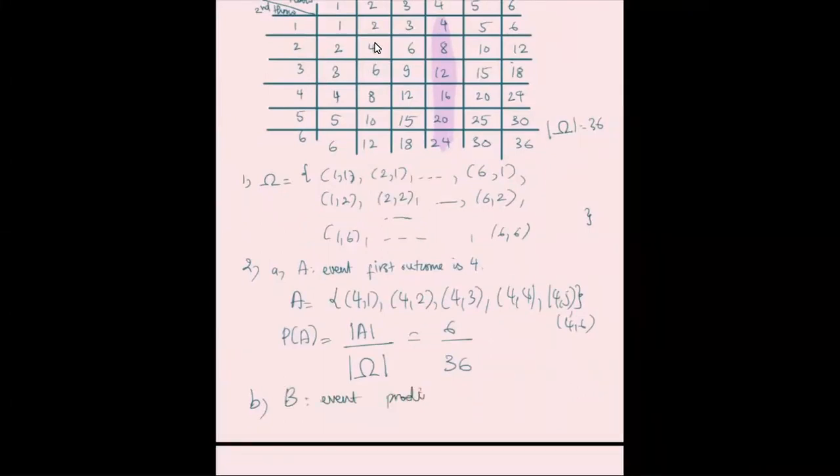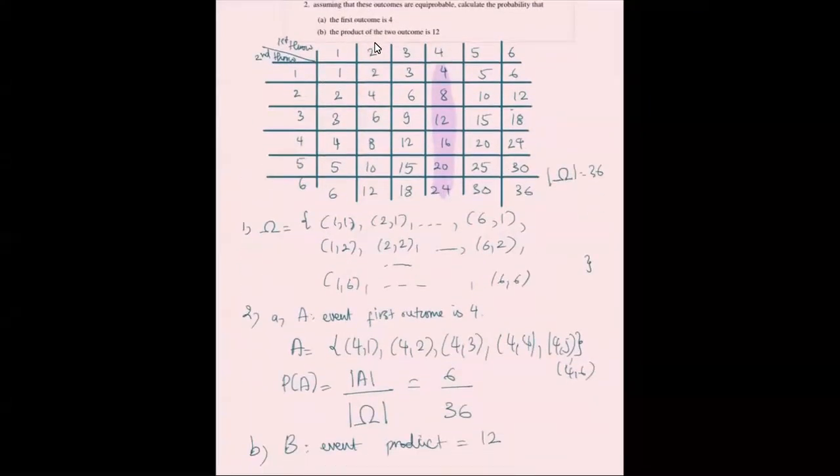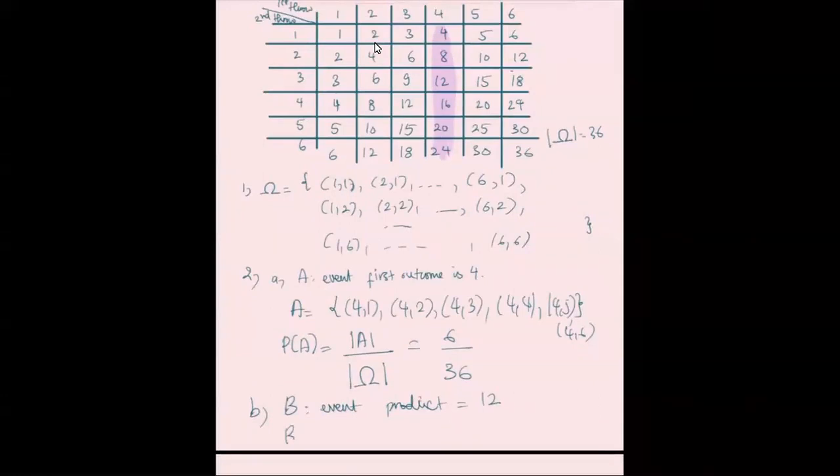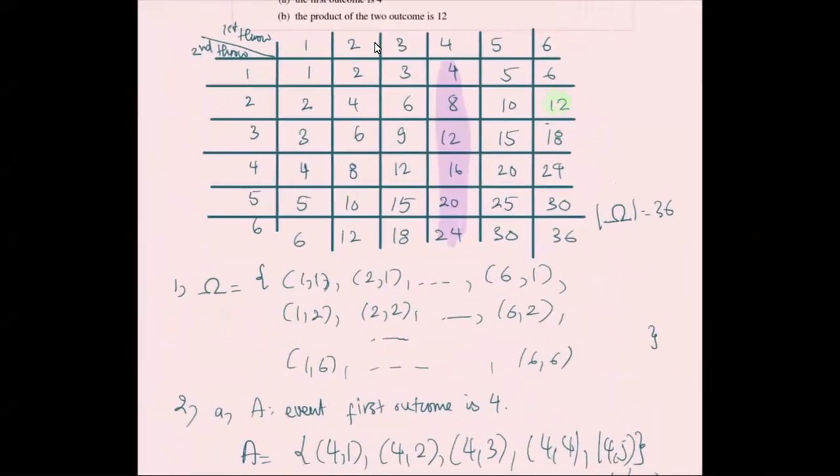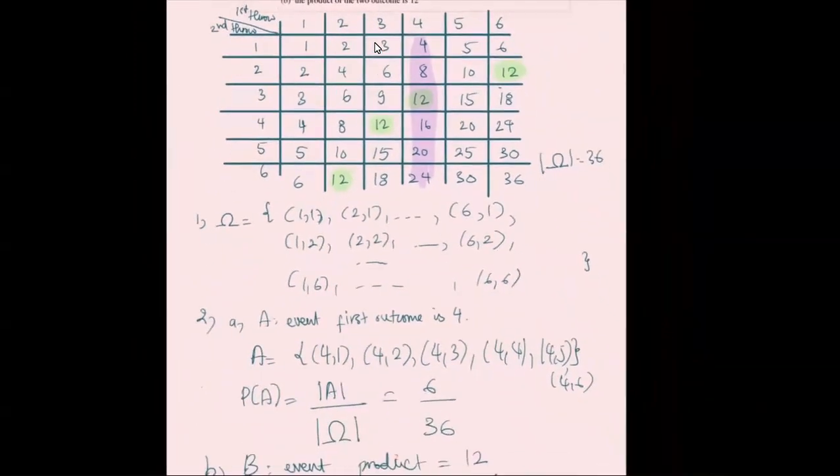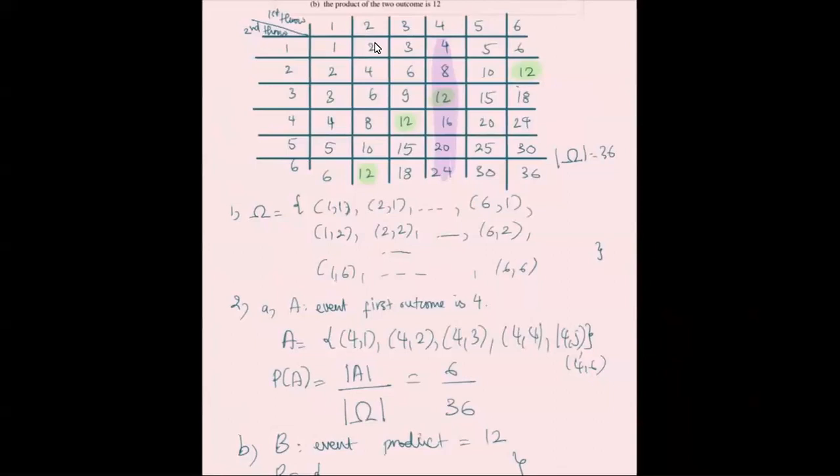If I define my event B to be when the product of the two outcomes is equal to 12, I will list out what is B. So I will have to look for where the intersection is 12. So I have here, here, here, and here. So there are 4 intersections where we have the product is 12. The first one is when first outcome is 6, second outcome is 2.